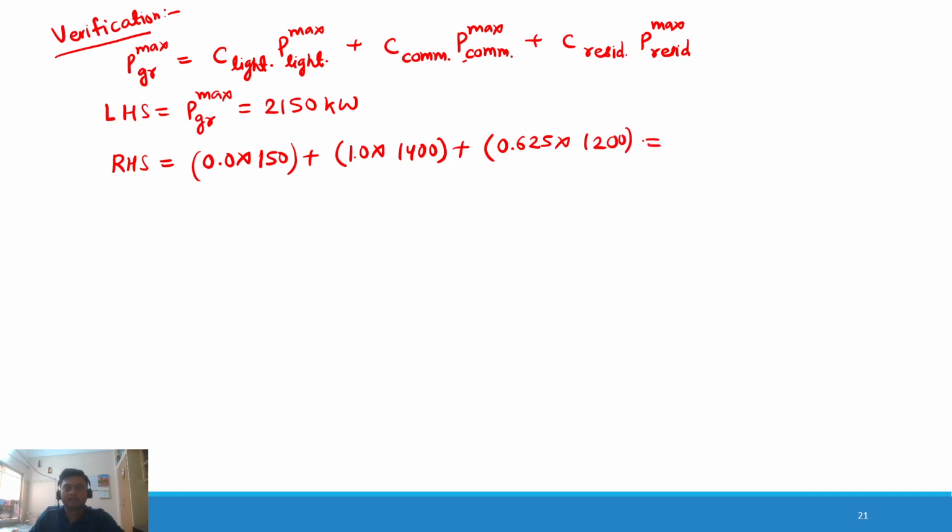So it will give you 1400 plus 750 kilowatt. So it will come out as 2150 kilowatt. So LHS is equal to RHS. Hence it is verified.